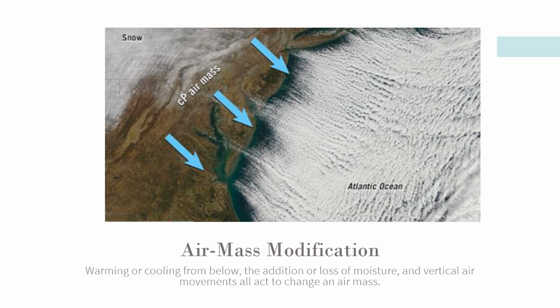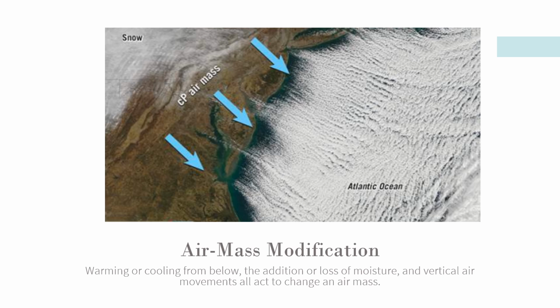That happens when an air mass moves over the Atlantic, for example. The addition of heat and water vapor from relatively warm water quickly modifies the air mass and therefore creates instability, as evidenced by the development of clouds.